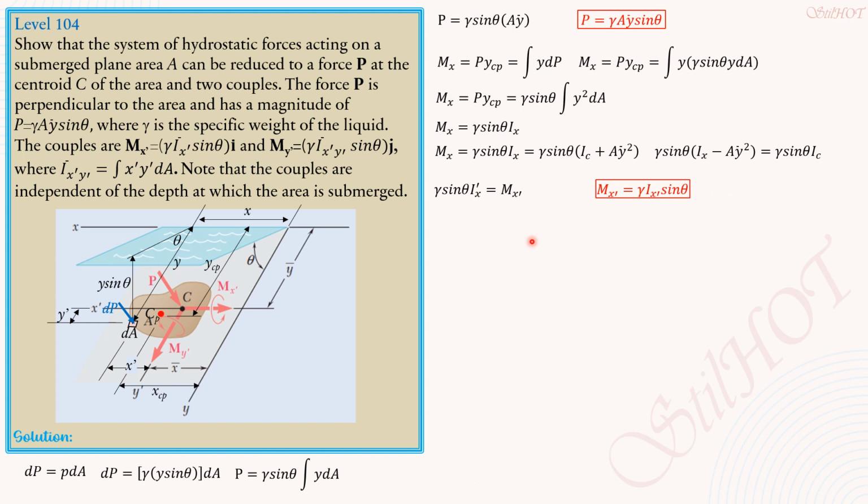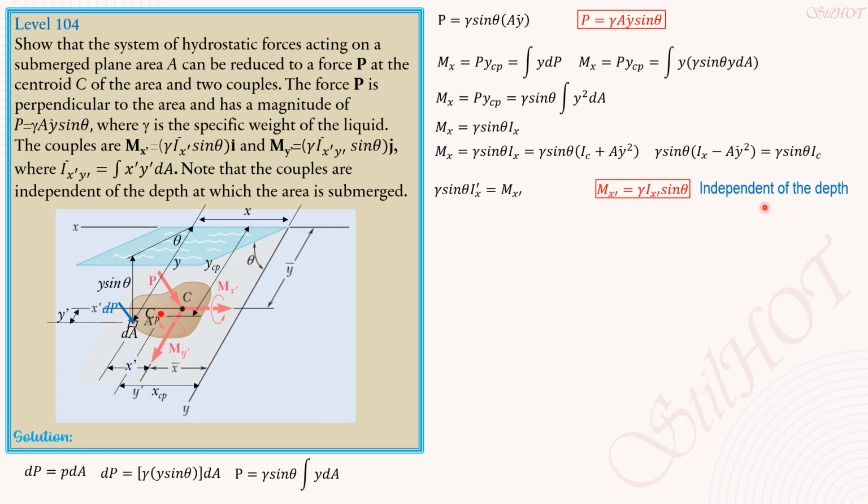So likewise, the moment about the y-axis is equal to P times x sub cp. So P acting at the center of pressure, with moment arm x sub cp, is equal to the integral of x dP, where the moment arm is x.